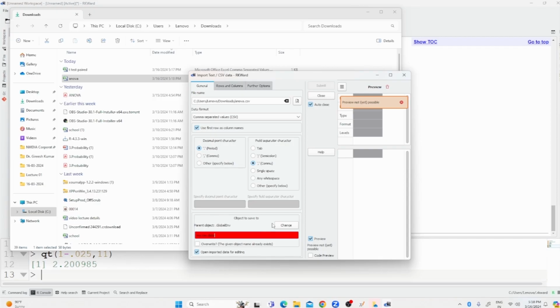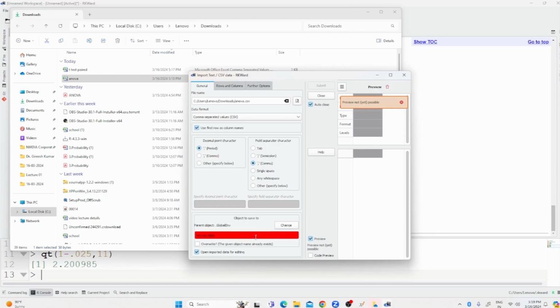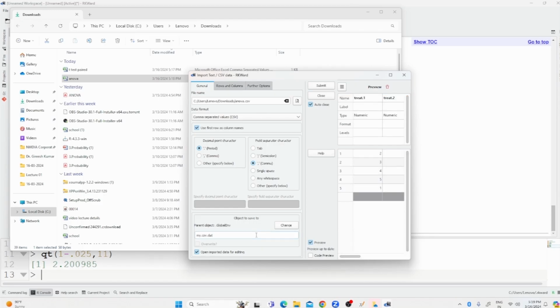See what was happening? There was an overlap of the variable name, because we already have created mycsv.data. So, now we can read the earlier file also. This is t-test paired, okay, numeric, submit.